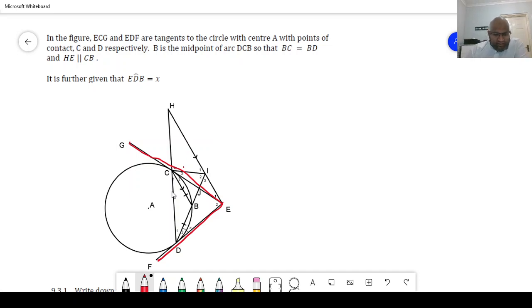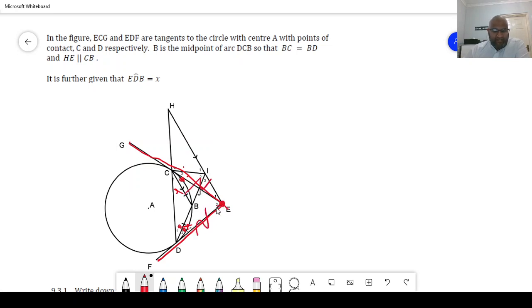So if these are tangents, then we know that this angle here, which is C2, is equal to D2, and we know that C2 is equal to D1 and D2 is equal to C1. Tan chord theorem there. We also know that that line there is equal to that line there.